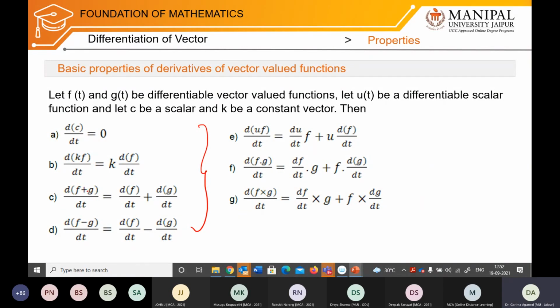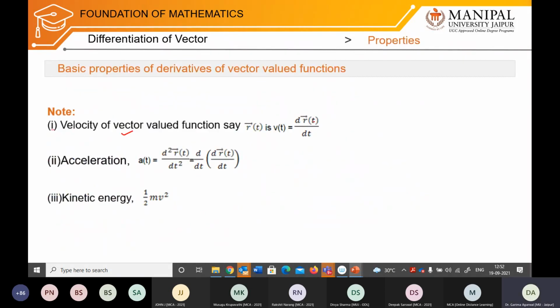If we have two vectors f and g, we can differentiate f plus g term by term. Similarly for the subtraction. u into f is the usual multiplication formula for derivatives. This one is for the dot product and this one is for the cross product. Clear?